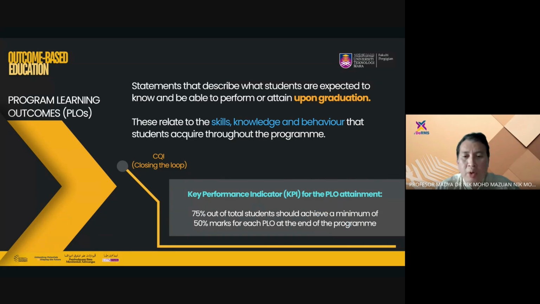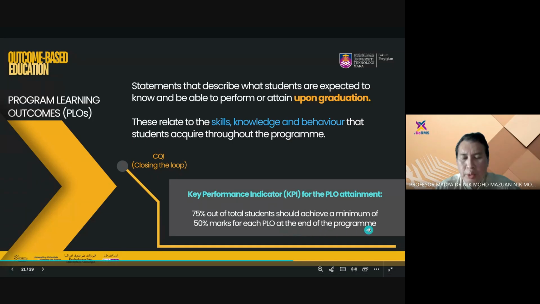At the beginning of the program, we put a KPI for every PLO. For example, 75% of the total students should achieve a minimum of 50% marks for each PLO at the end of the program.